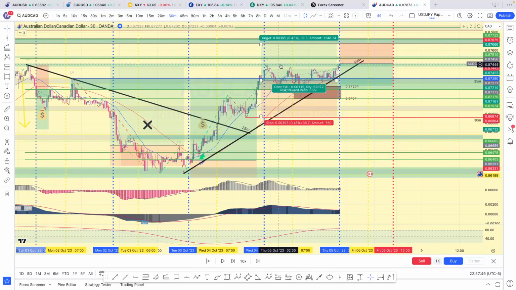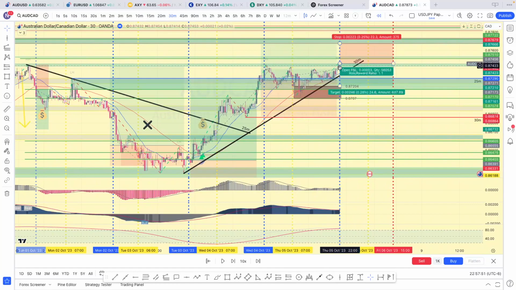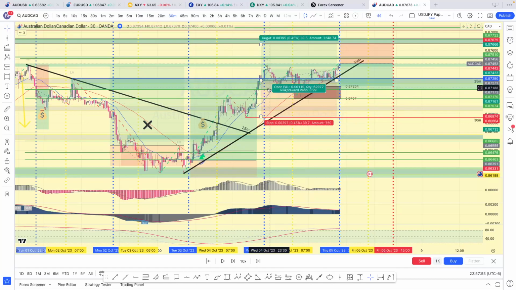Price is respecting this zone right here, so I've got this high that has happened, and a higher high has been made, and the volume has dropped. There is news coming up within the next 24 hours. So I've got this 25-minute trend, and price is sitting above this impetus level.